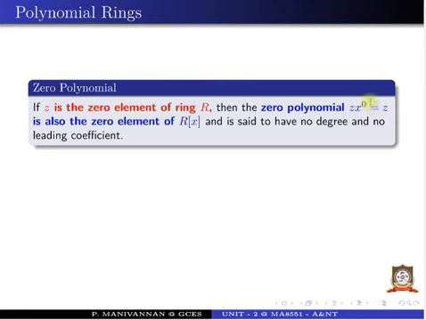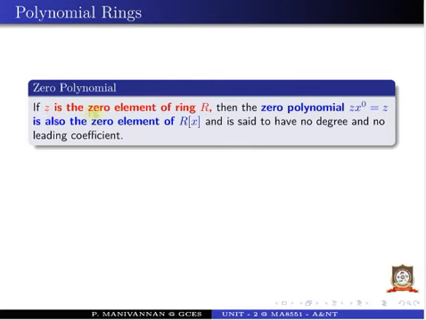Why is the degree not 0 here? It has no degree and no leading coefficient. It is called the zero element, so it is called the zero polynomial.